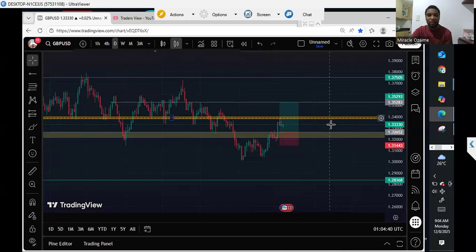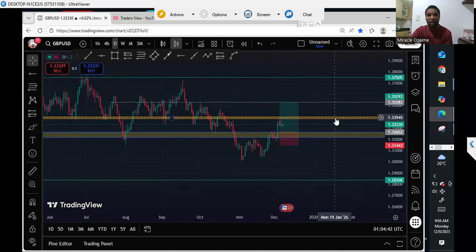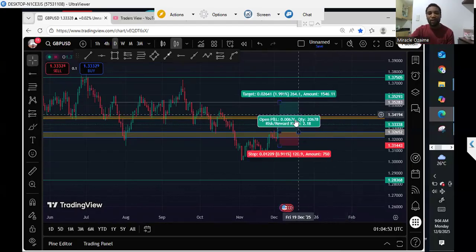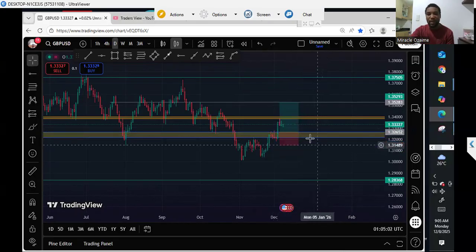then for a continuation to the upside. So this yellow zone on the weekly time frame, remember, I told you that it's not a major zone, but a semi-major zone. I'll be watching very carefully for price to push this market to this area to tag me in. I'll be placing a pending order on this GBPUSD for a buy.